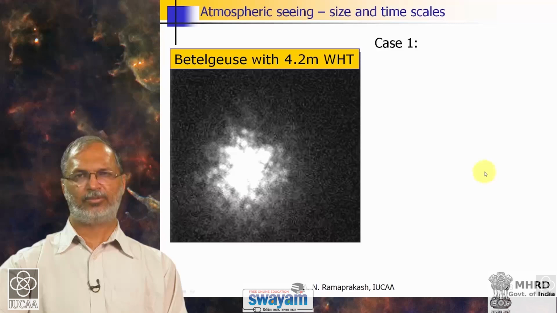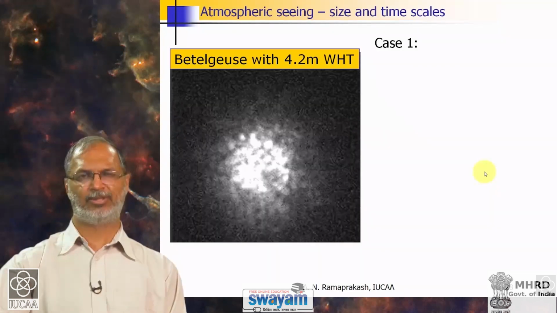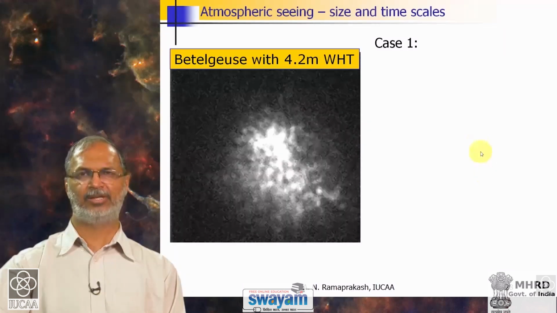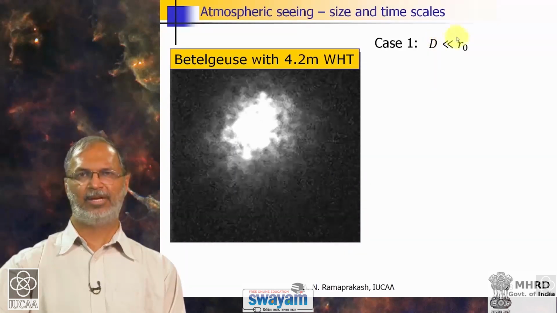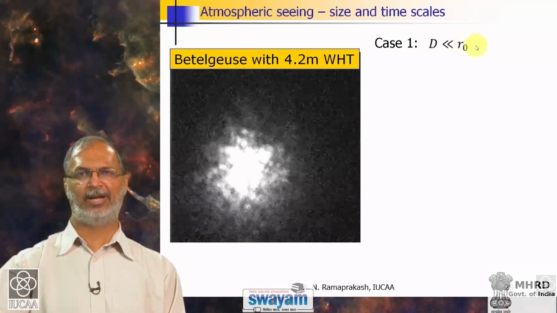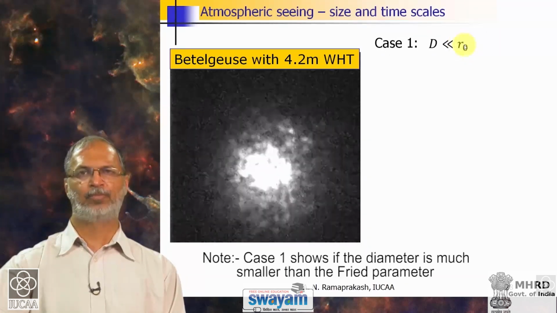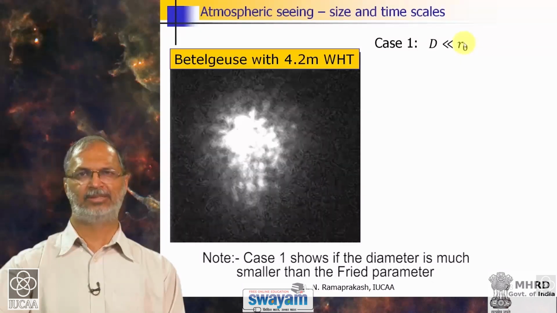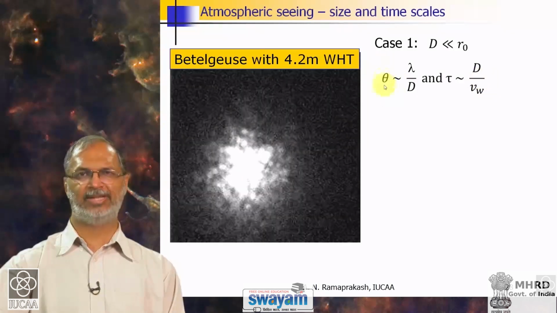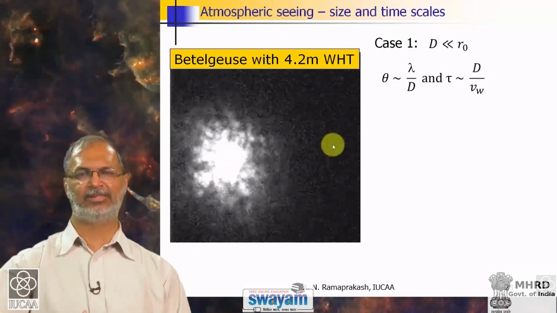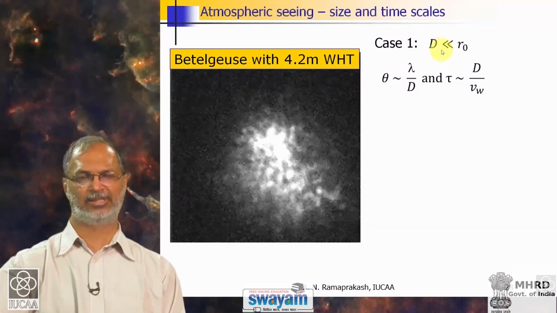So, we can quantify this in the way we did in the previous slide of light illuminating the diffraction pattern caused by a grating. If the Fried parameter, which quantifies the typical size of atmospheric parcels, is much less than the diameter of the telescope, you can see that the angular size of the image is dominated by the diameter of the telescope, because that is the smallest structure in the system.